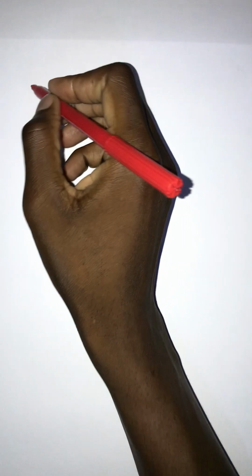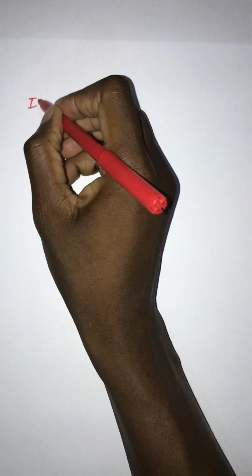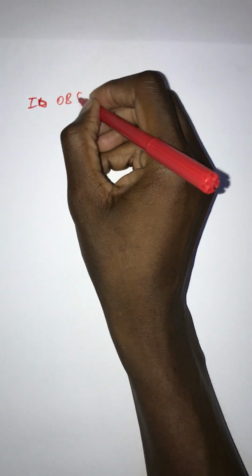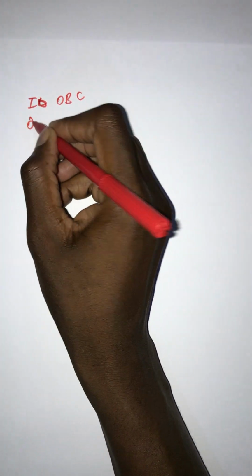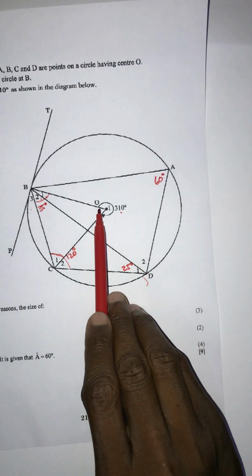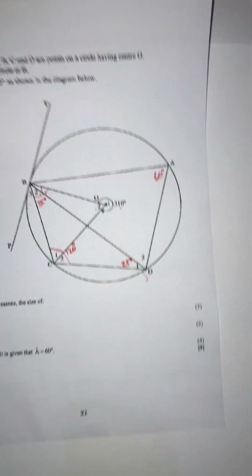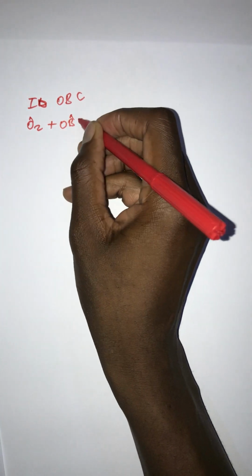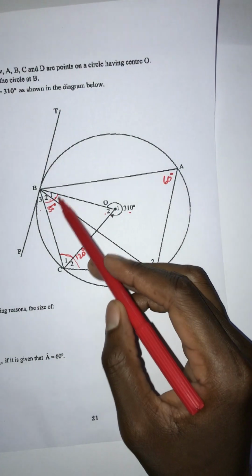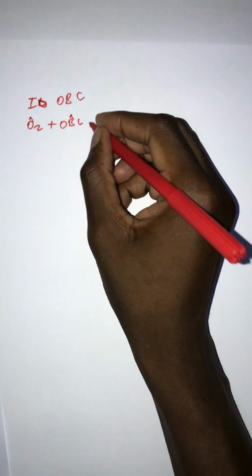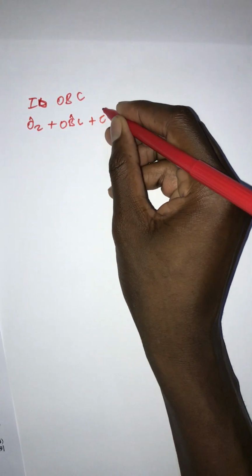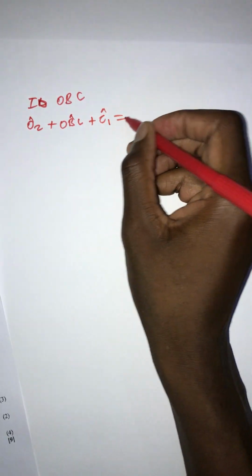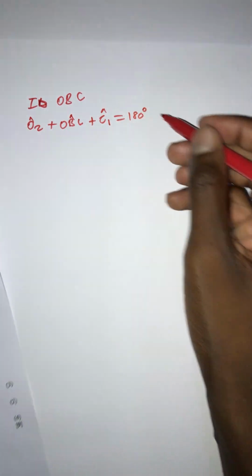We're going to say in triangle OBC, angle O2, which is this one, plus angle OBC, which is this one, plus angle C1, which is this one, is equal to 180 degrees.